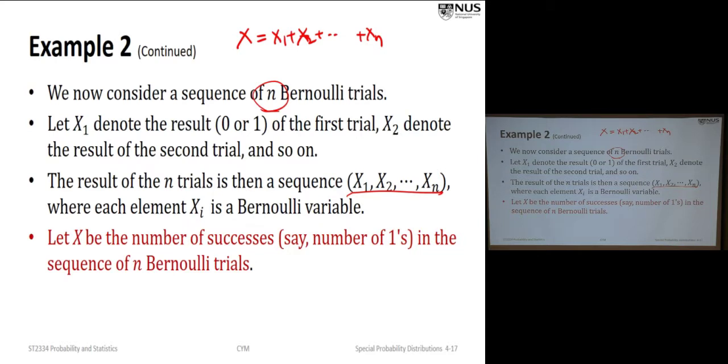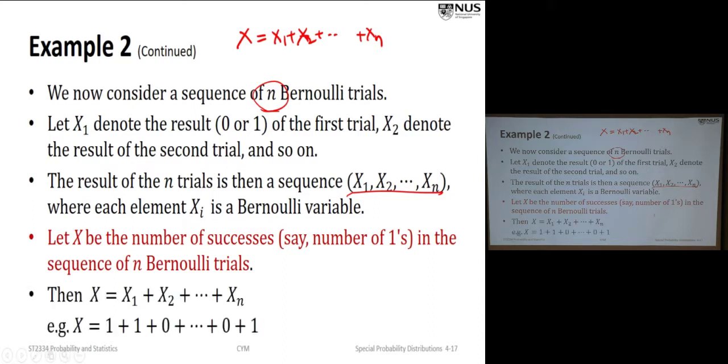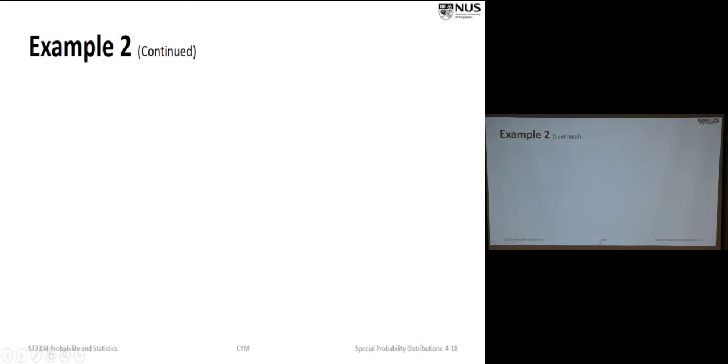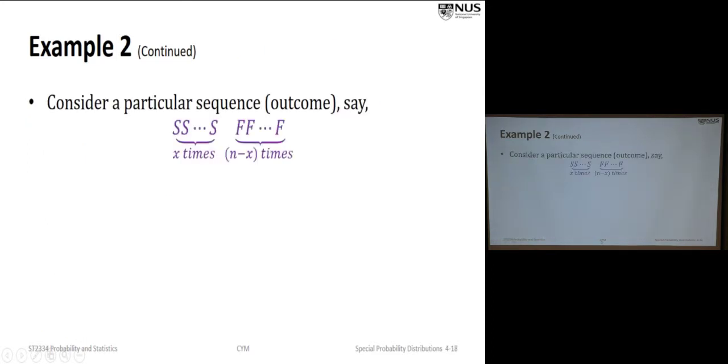Each experiment has only 2 outcomes. All right? This is a very, very important step. X equals X1 plus X2 up to Xn. So this is an example of counting the number of successes, that means the number of 1s. Now for a particular outcome, let's say x of them are 1s and n minus x are 0s.